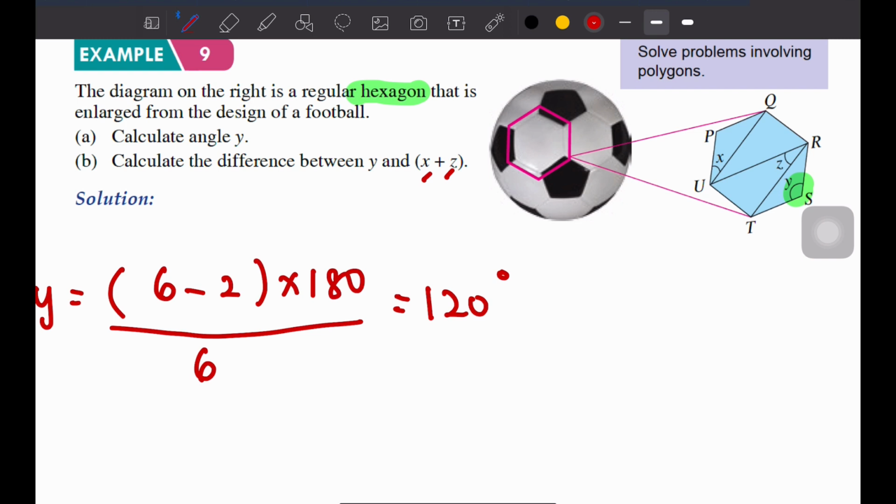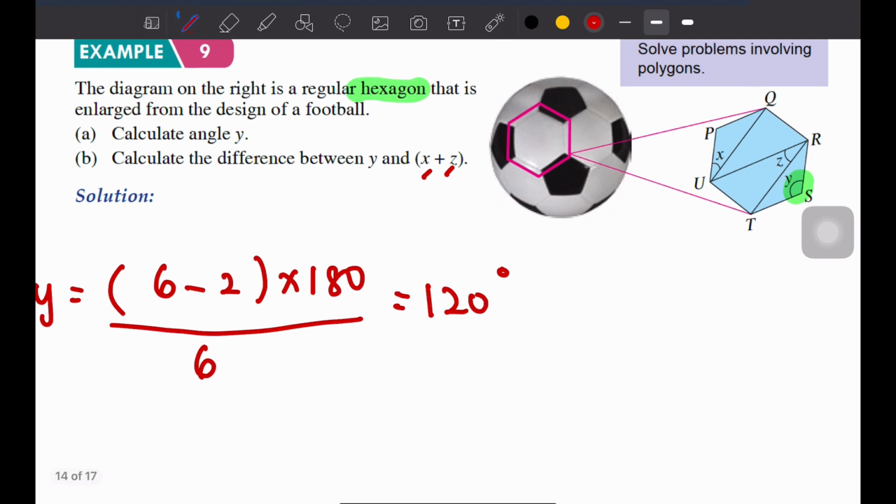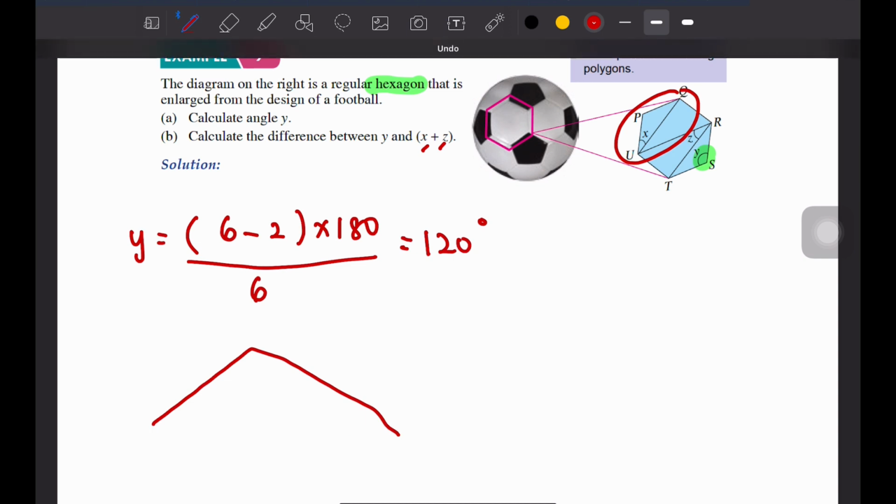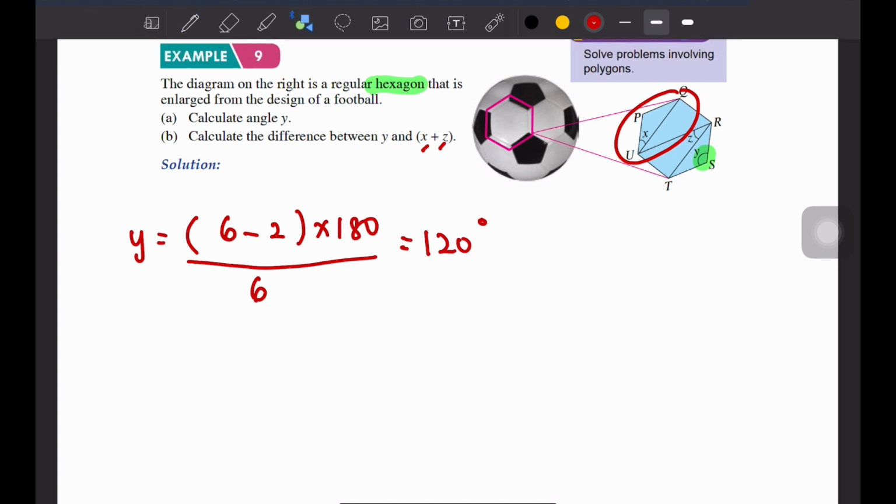So how can we get the value of x and z? I try to draw that. 1, 2, 3.